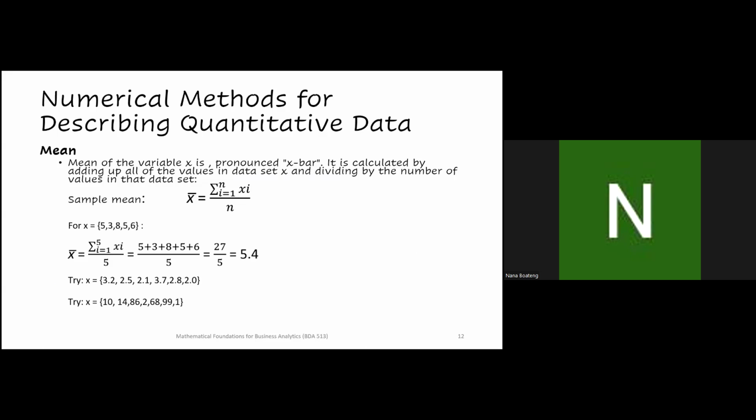What you do is add everything in the data set and then divide by the number of observations. Can we all do it? I know calculating the mean is easy for all of us, but let's just do it and see the answer. What does the answer give us?